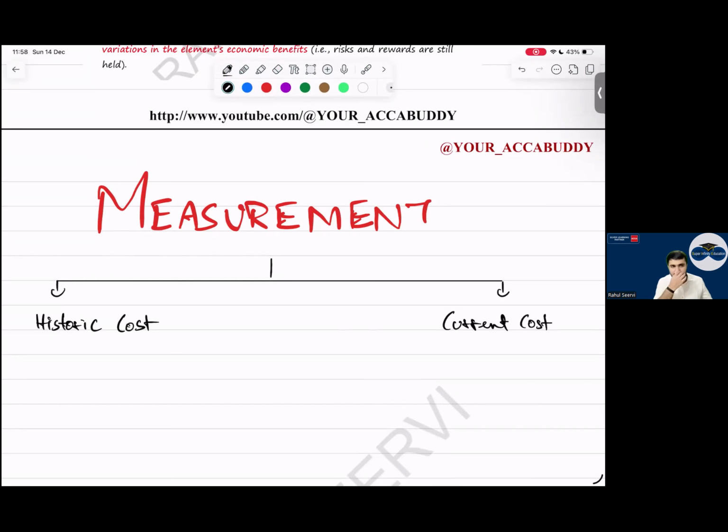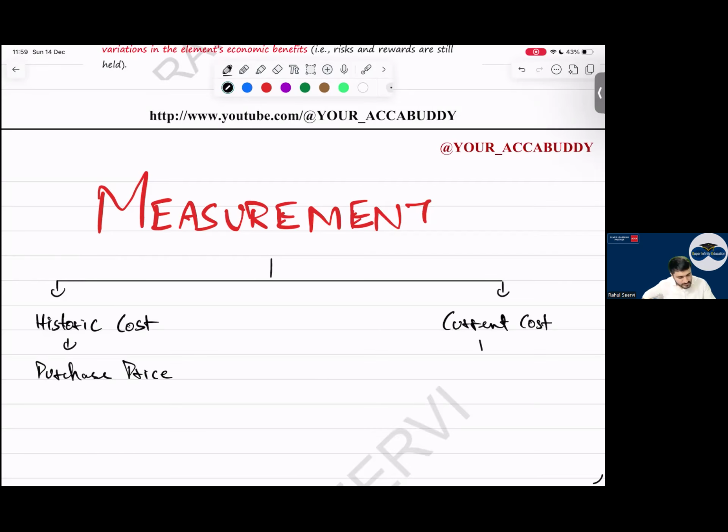So measurement means, sir, at what value? Either you can record it at historic cost or current cost. What does historic cost mean? During the time of purchase. Original cost, cost price, purchase price. Can I say purchase?